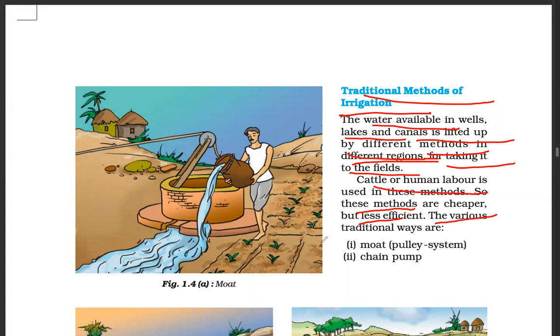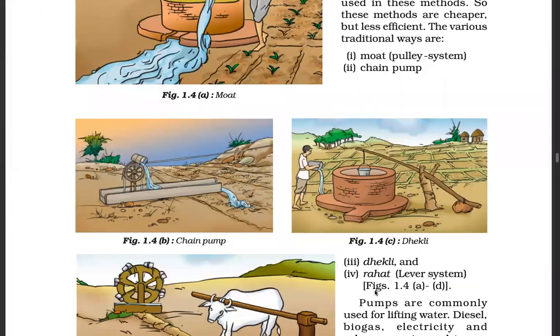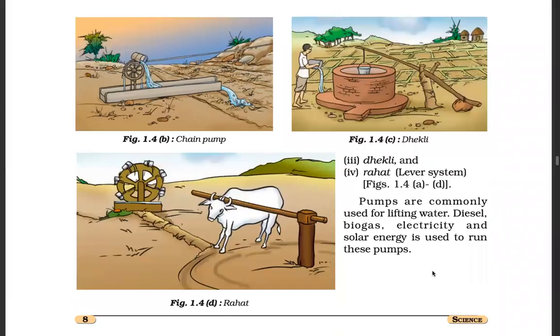So the various traditional tools are moat, chain pump, rahat irrigation, dekli system, dekli and rahat, which is the lever system. Pumps are commonly used for lifting water. Basically, pumps are used for lifting water.